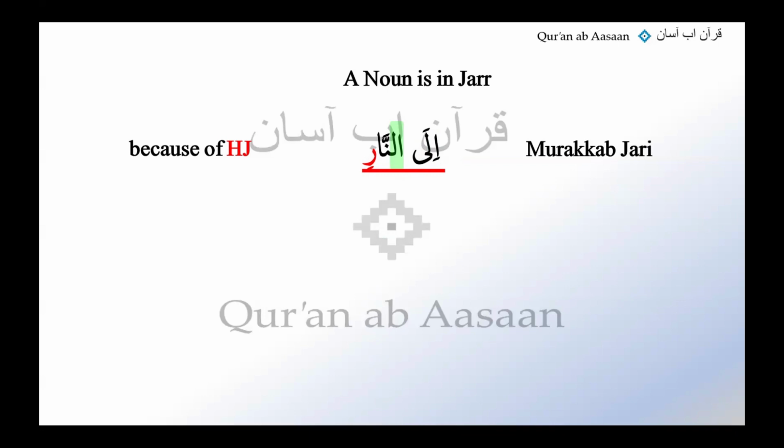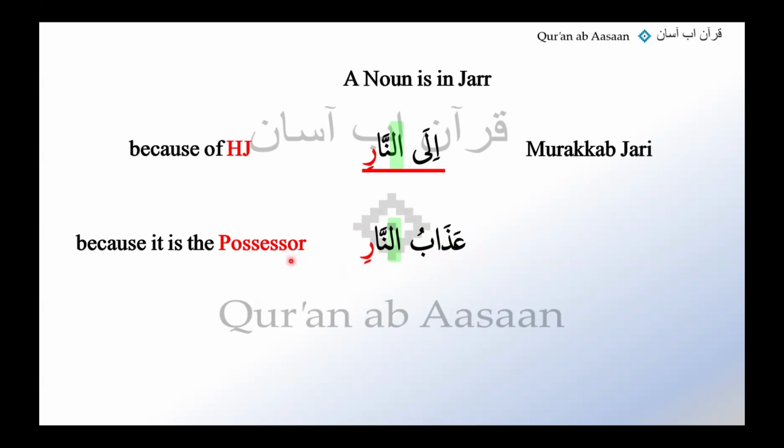And today we have learned that another reason for a noun to be in jar is that it is a possessor, like Azabun Nari. This noun, Nari, is in jar, and when we look back, we see a noal noth and being possessed noun, and we know this Nari is the possessor of it, and the possessor has to be in jar.